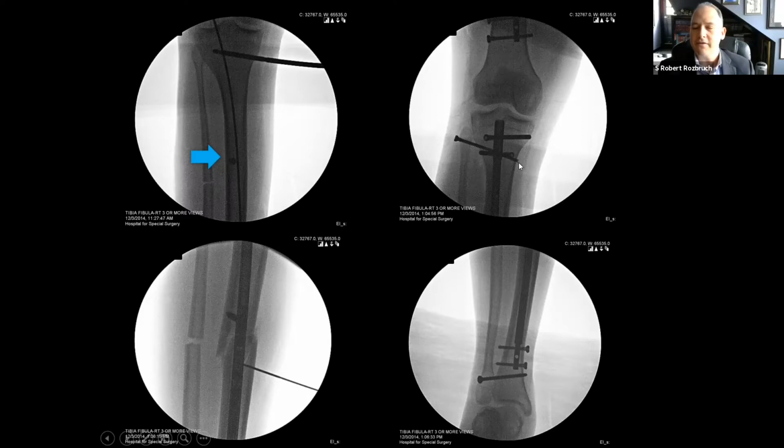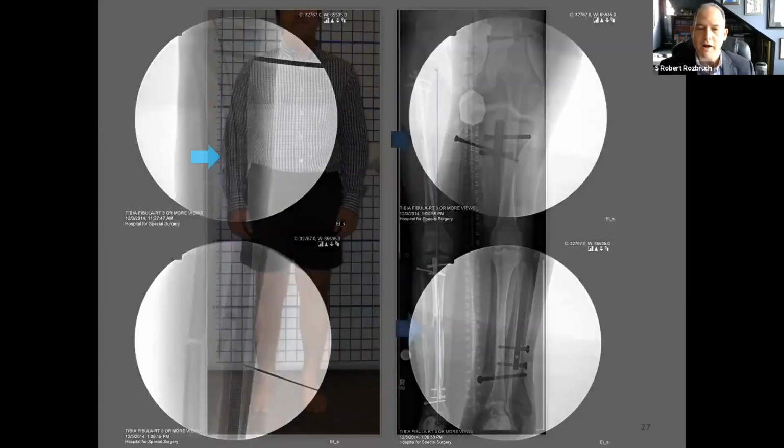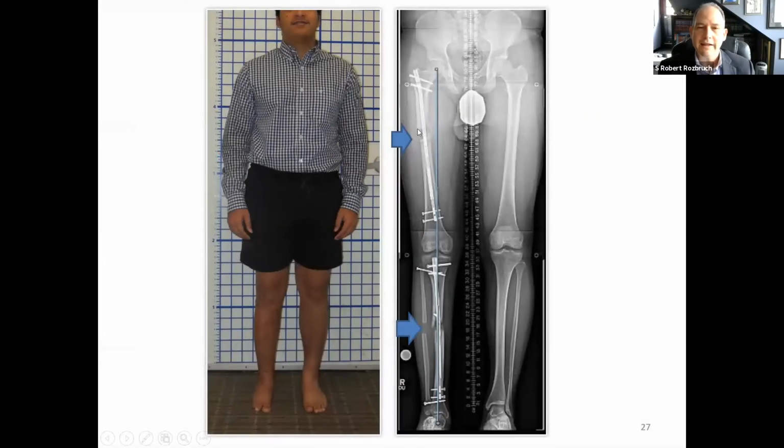Fibular length stabilization screws are necessary, proximal and distal. It's important to maintain this relationship so that the fibula is not proximally migrated, which could cause a problem. And at the end of the lengthening, you'll notice that he has regenerate in the femur, and he has regenerate in the tibia and the fibula.